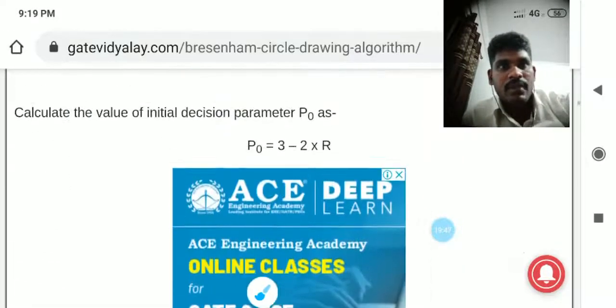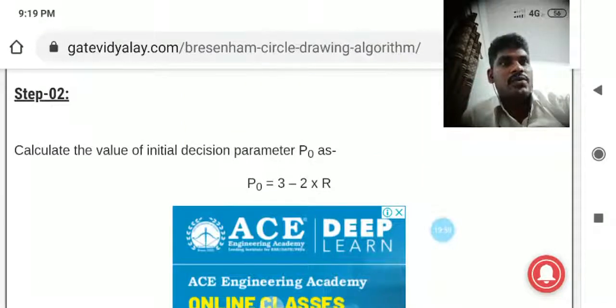Your decision parameter value: here look, p naught equal to 3 minus 2 into r. This is the decision parameter.